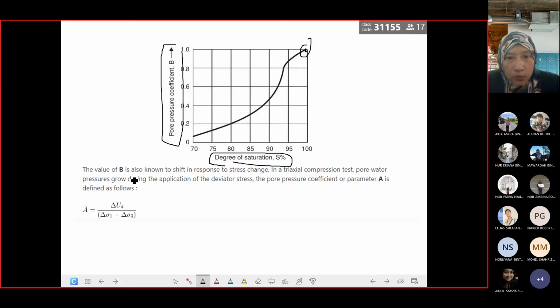When we talk about B, there's a connection also the pore water pressure dengan coefficient A. So the pore pressure coefficient of parameter A is defined as here. They can be related antara changes in the pore pressure delta UD dengan changes in stress, deviatoric stress kat sini.